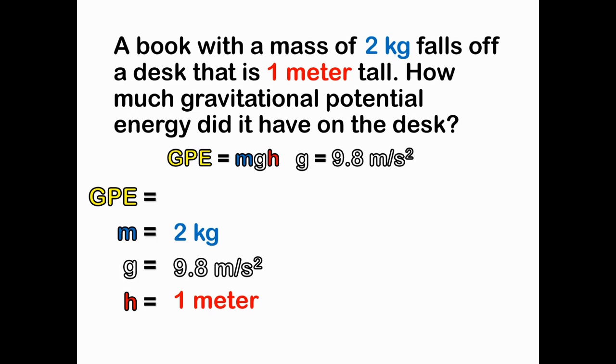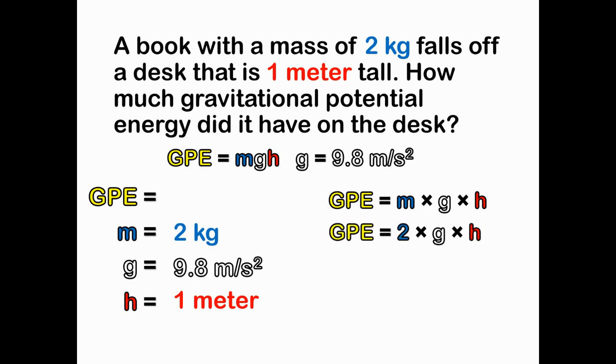Okay, so we're just going to rewrite that gravitational potential energy equation. Are you following along? You should write this down. GPE equals m times g times h. So we're just going to start substituting in the numbers for each of those variables. For mass, we're going to enter 2. For our g, our gravitational acceleration, we're going to enter 9.8.